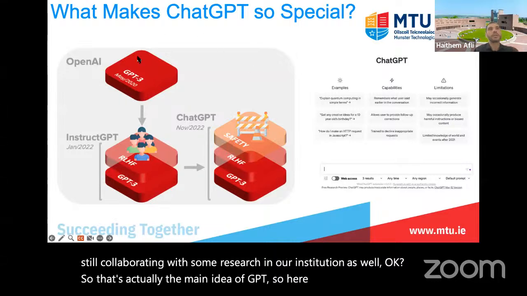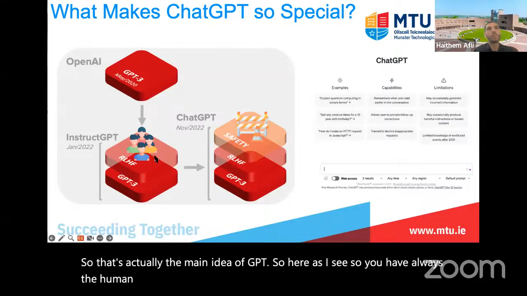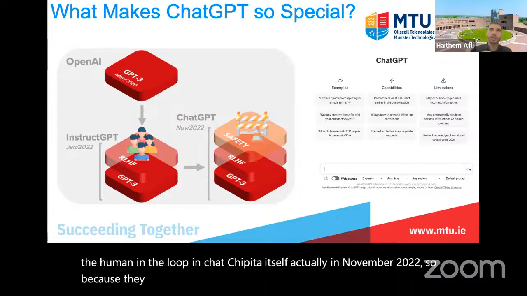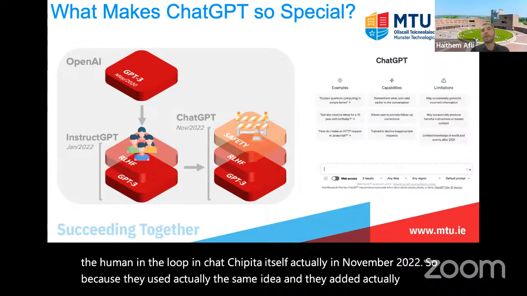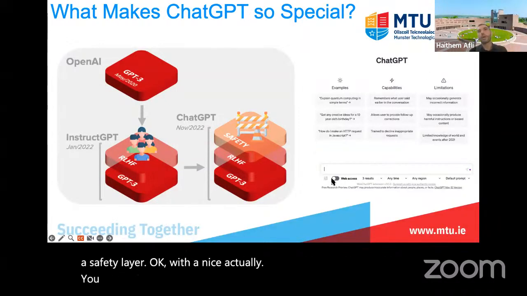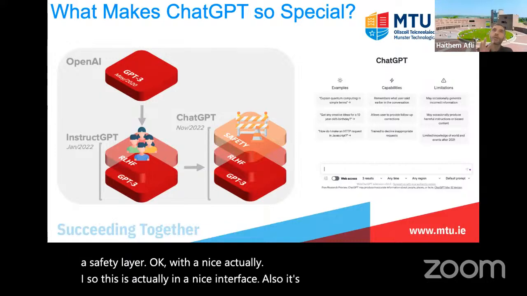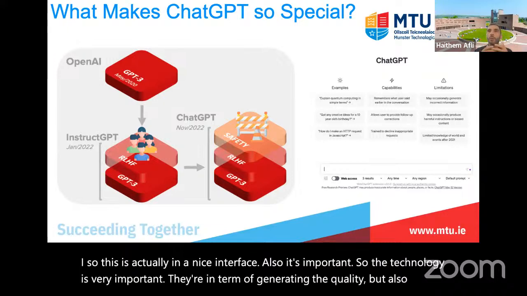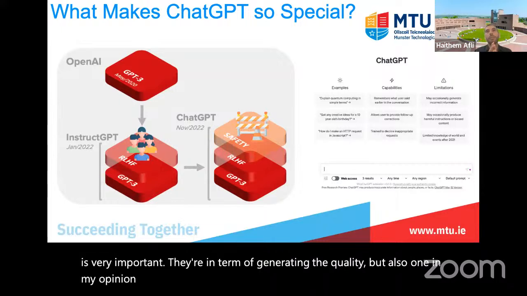So here, as I see, you always have the human in the loop. In ChatGPT itself, in November 2022, they used the same idea, and they added a safety layer, with a nice interface. The technology is very important in terms of generating quality, but in my opinion, another part of the success of this model is the interface itself.